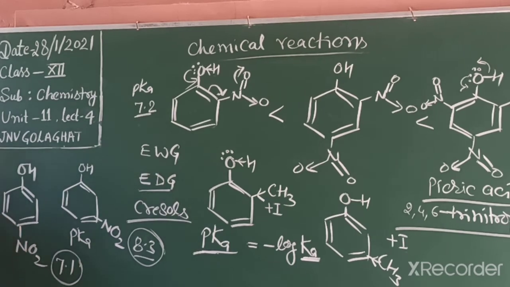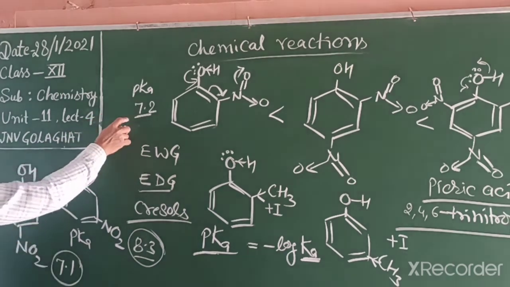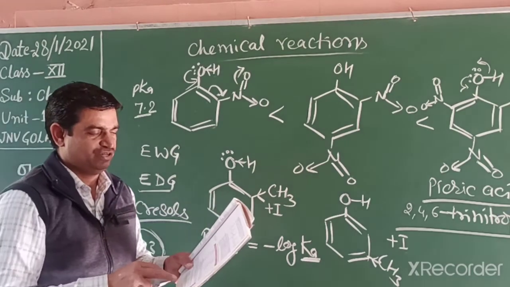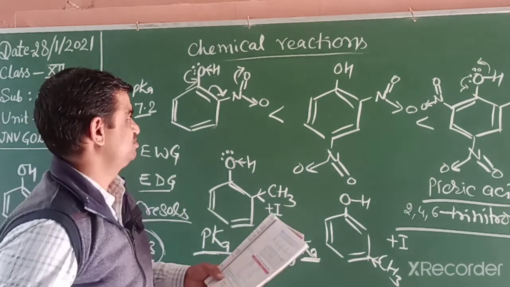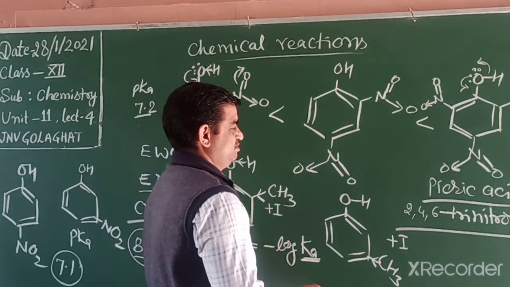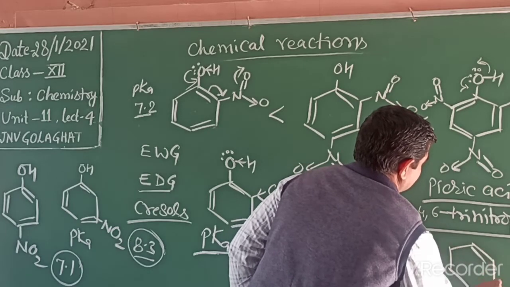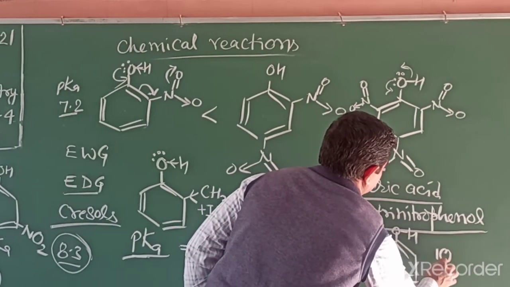There is no steric hindrance, so it is comparatively a stronger acid and easily dissociates hydrogen. Para, then ortho, and then meta. These values are given in your NCERT book. And the phenol value is 10. For a general phenol, only phenol, its pKa value is 10.